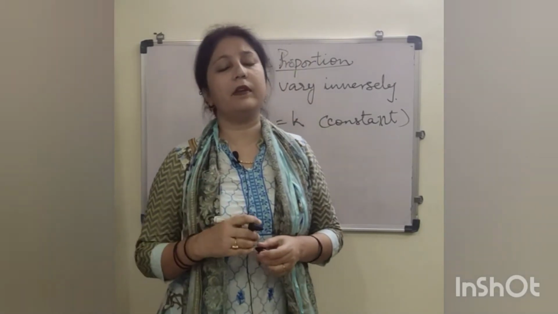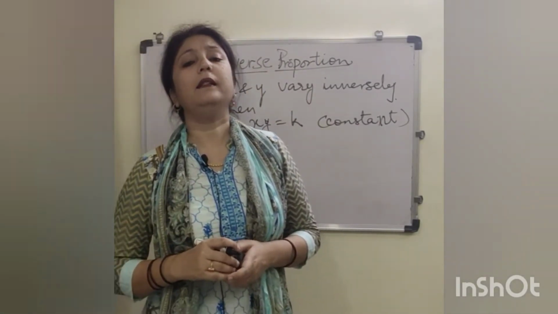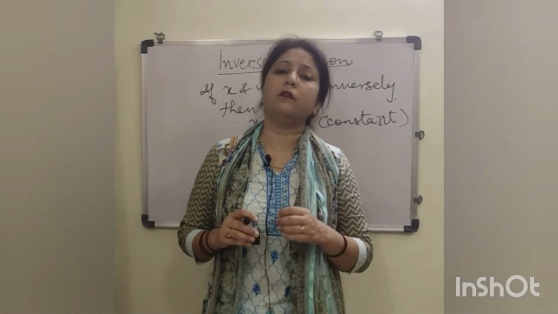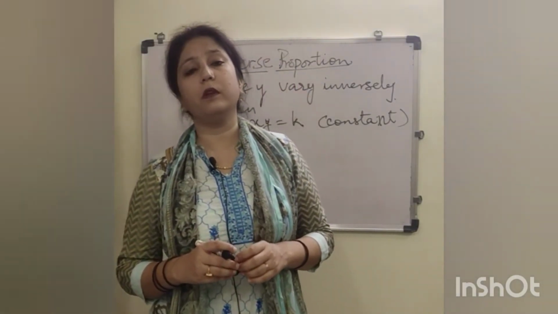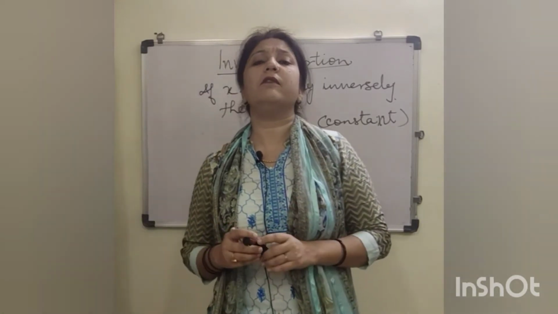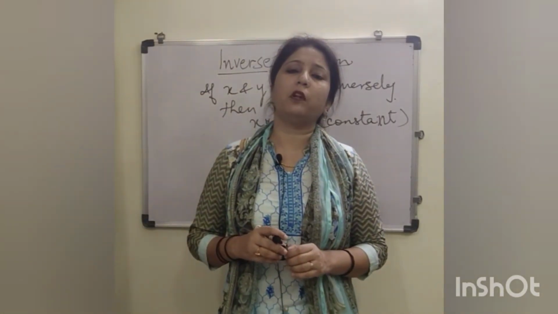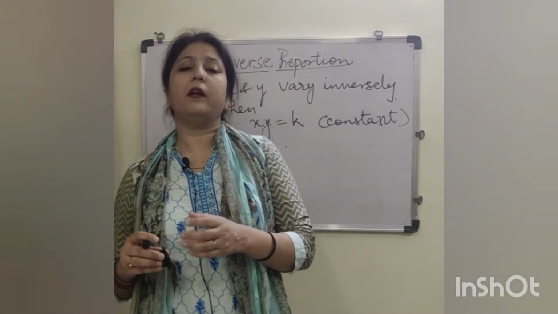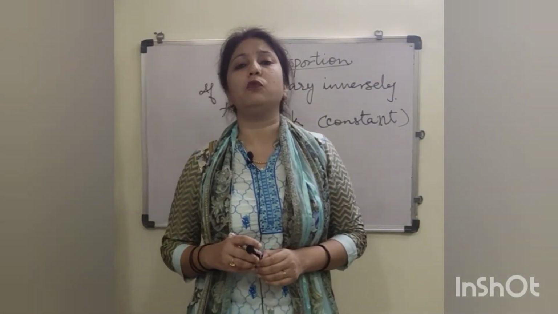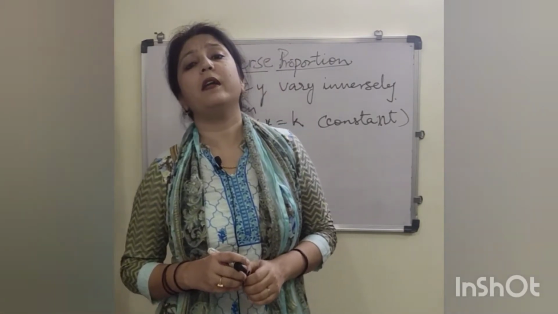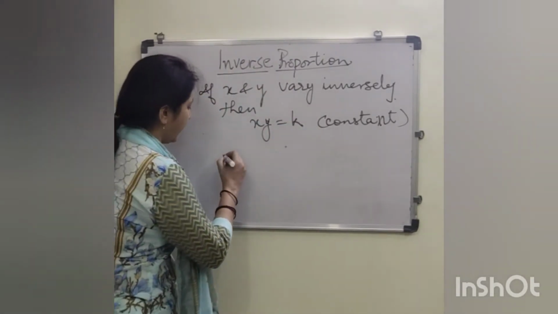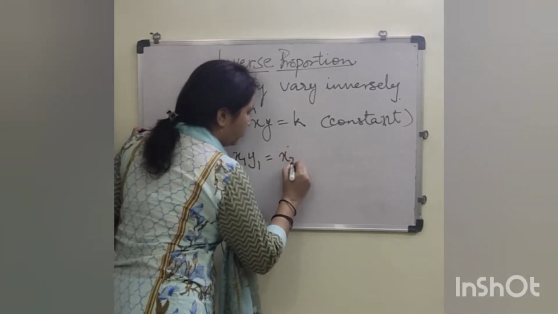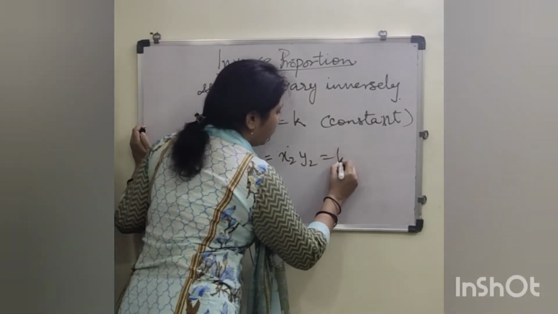If x and y vary inversely, then their product x into y is constant k, where k is known as the constant of variation. If x1, y1 and x2, y2 are two corresponding pairs of values, then x1 into y1 is equal to x2 into y2, which is equal to k.